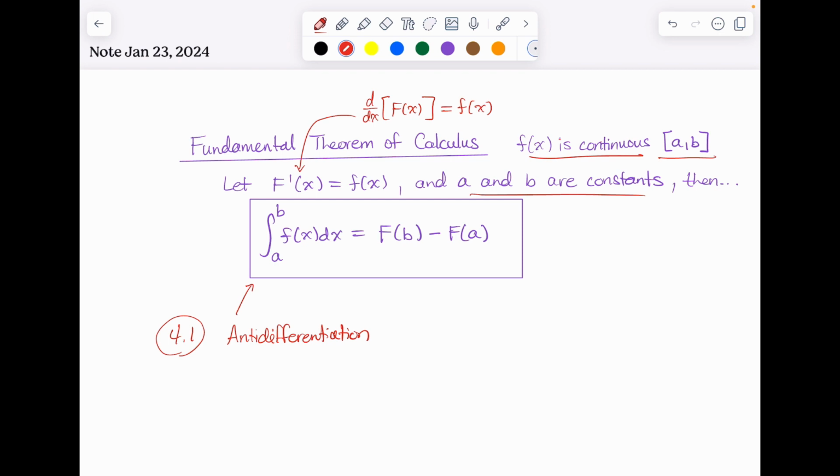So lowercase f, capital F, totally different functions, but they're related through the derivative. Then what this says is that the definite integral of lowercase f of x equals capital F of b minus capital F of a. And man, that's an amazing statement.